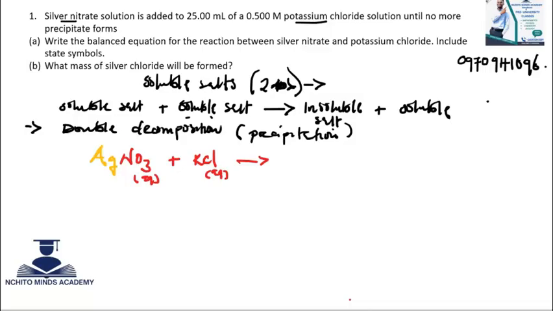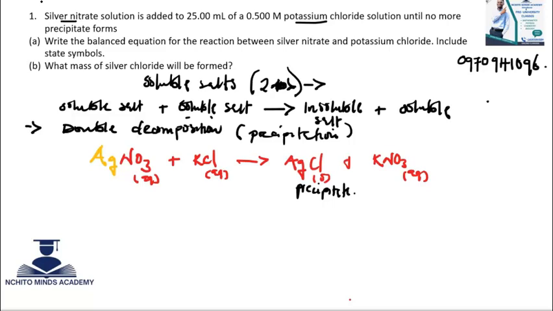So what you are going to have is silver chloride as an insoluble salt plus the other product, potassium nitrate, which is a soluble salt. These are the two products that we are going to have. This is the precipitate, the silver chloride, which was formed.